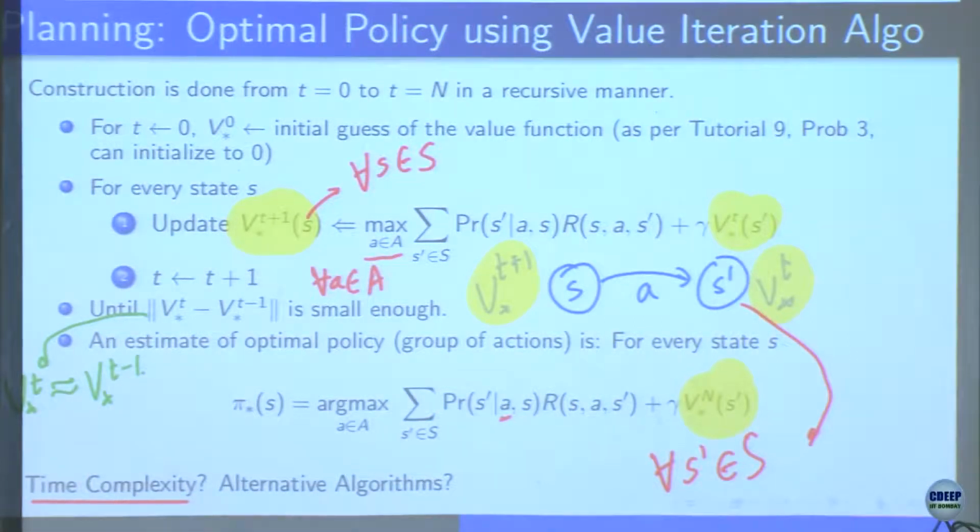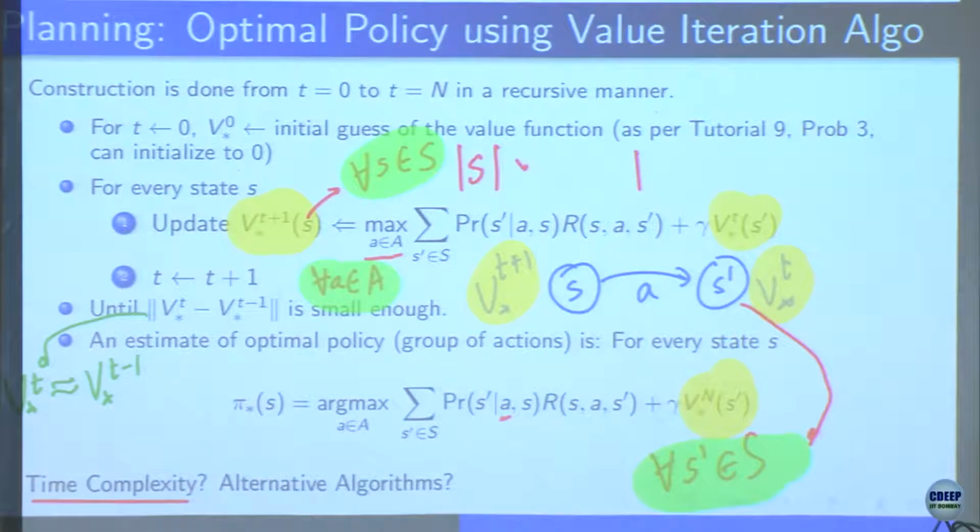Is that fine? So what about time complexity? We are discussing time complexity. We need to compute V star t plus 1 for all S, in terms of V star t for all S, and finding a max across all the actions. So what would that be?